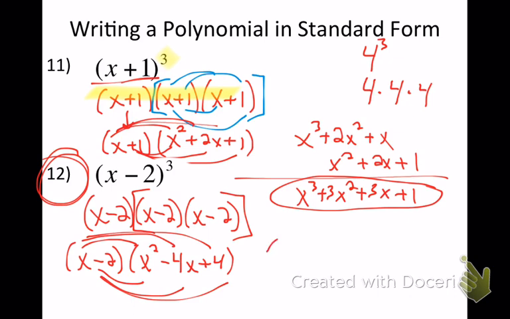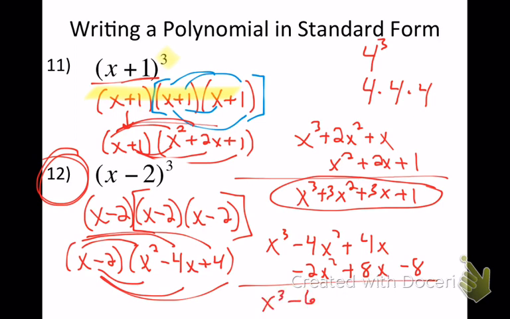So you should get x cubed minus 4x squared plus 4x. Then you distribute the negative 2, you should get negative 2x squared plus 8x minus 8. Combine like terms. X cubed minus 6x squared plus 12x minus 8. And there's your answer then.